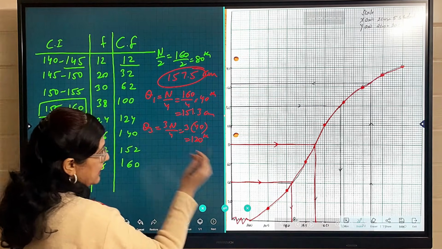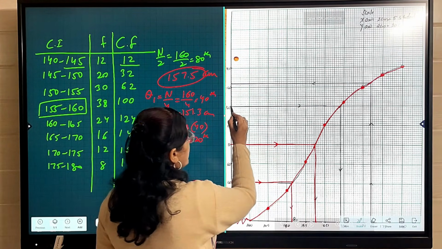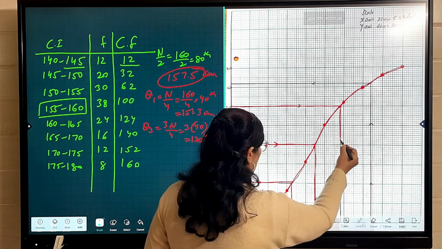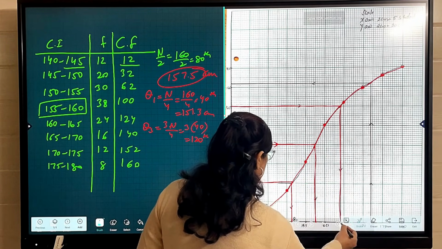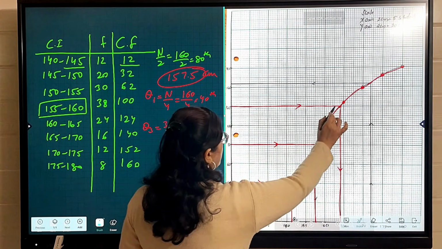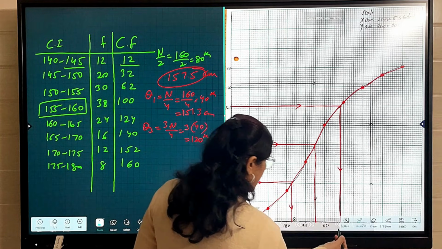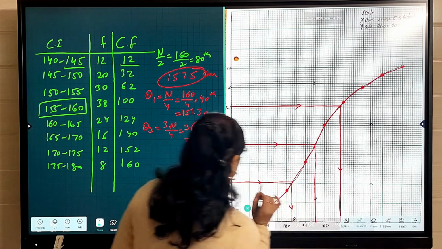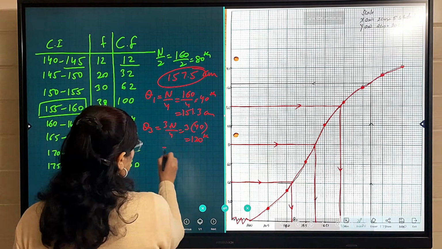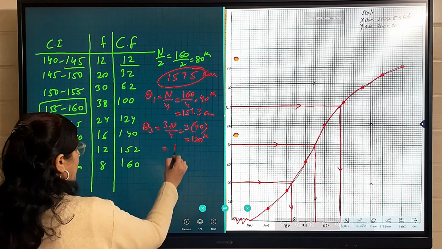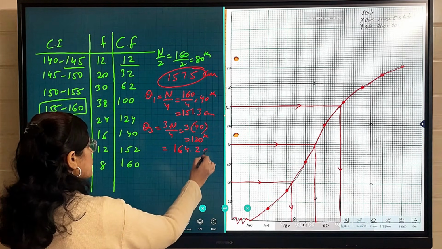For upper quartile this is 120. For 120 again we draw horizontal line and then come down on the x-axis. We have to place arrows to clearly understand from where we are taking and to which axis we are coming. So here this value is lying very close to 165 value, but we have to count the grids, and after counting you will get the value as 164.2 centimeter.